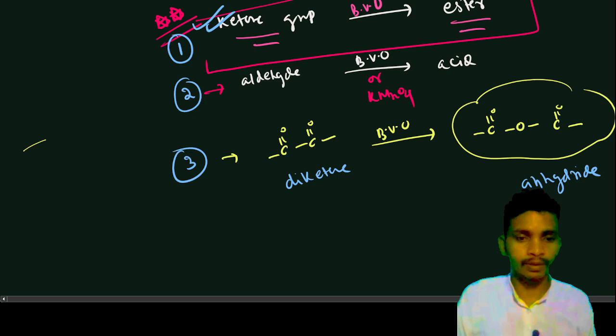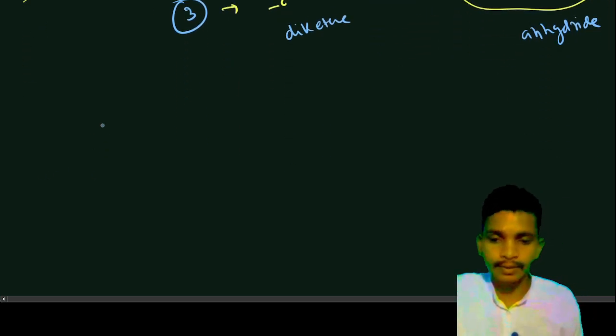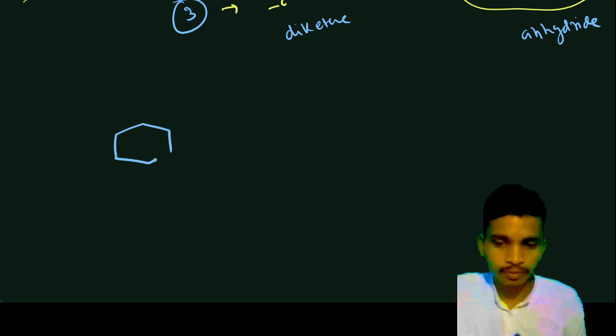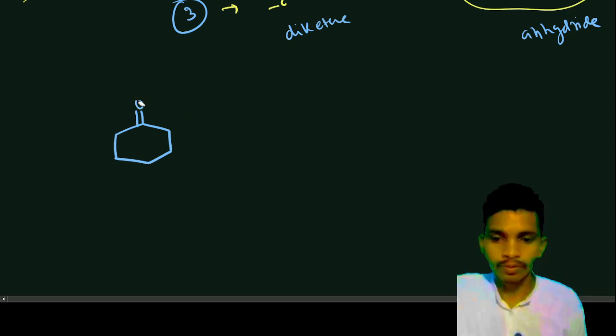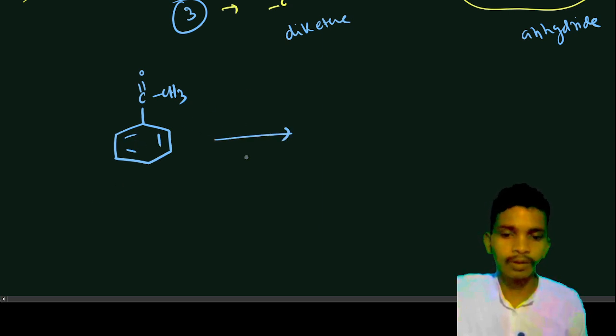Now, let's say you have this ketone group, and let's say this is the phenyl ring.